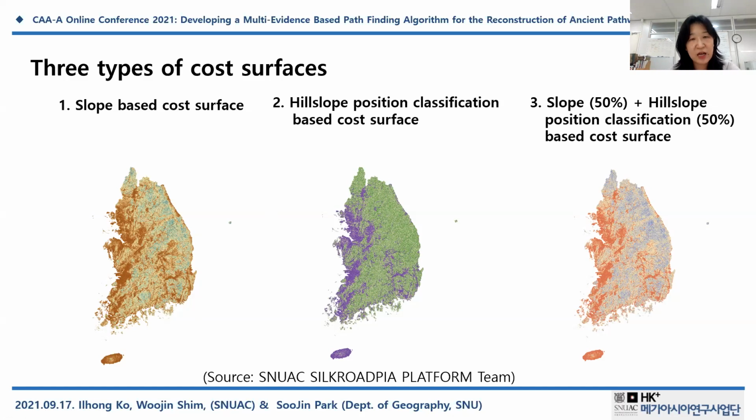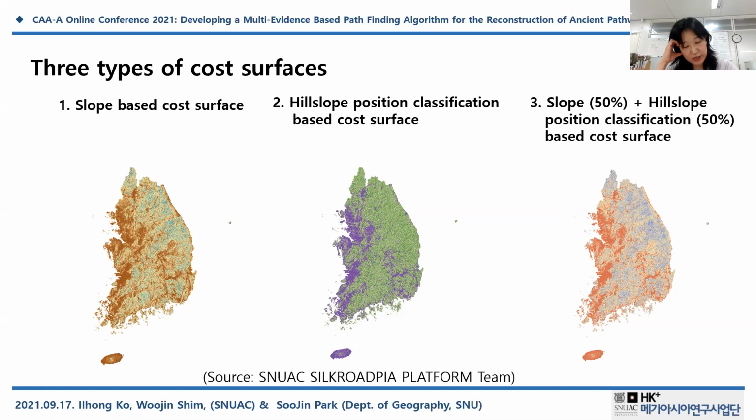The second kind is the cost surface based on hill slope position classification. And the third, we tried to combine the 2. So we added the cost, 50% from the slope based, and then 50% from the hill slope position classification based cost surface, and made this third version.